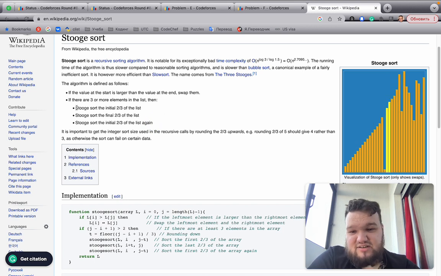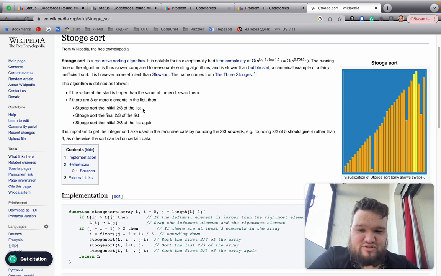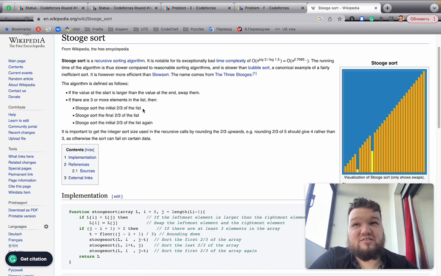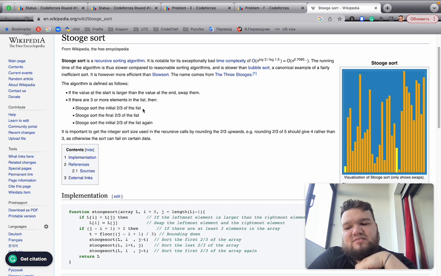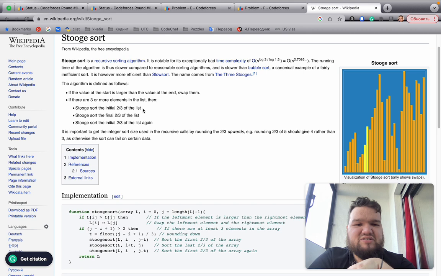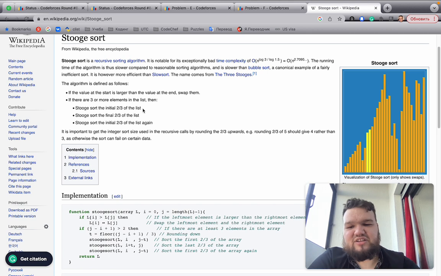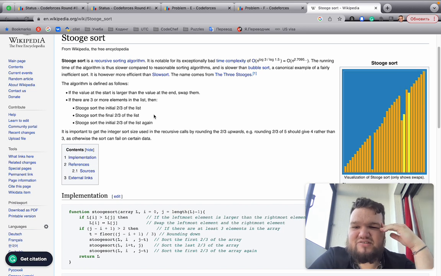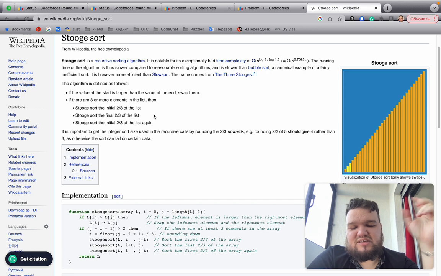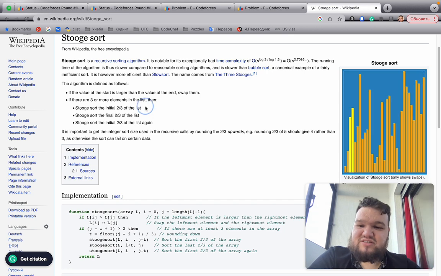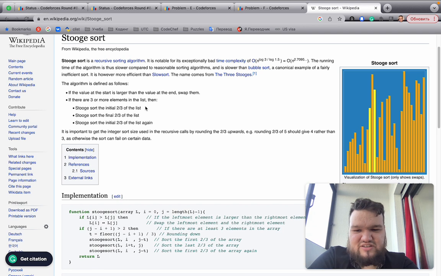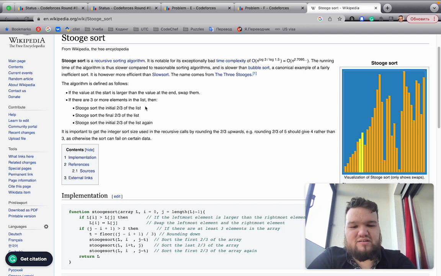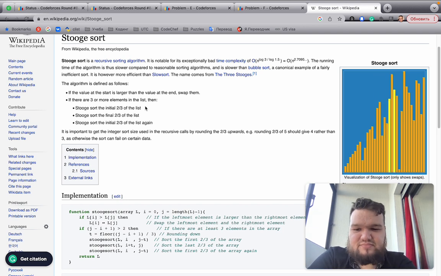Well, after we sort the first 2/3, the 1/3 of the biggest elements of the array are now in the last 2/3. Why is that? Either they were in the last 1/3 from the start and they will stay there, or they will be moved to the end of the first 2/3, and since there is at most 1/3 of them, they will all be in the last 2/3.